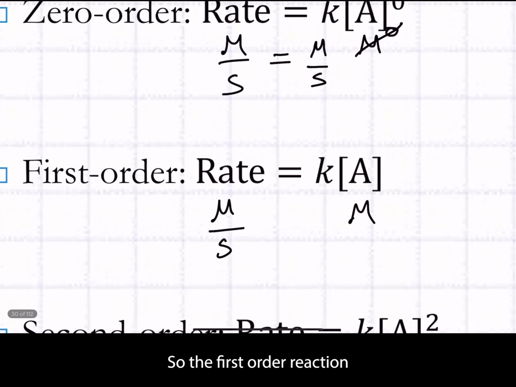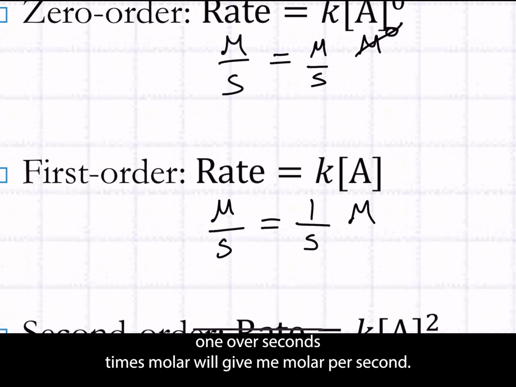For the first order reaction, now I've got molar on the right side. What unit of k do I need to make it molar per second? Right here I'm missing something, and it's the 1 over seconds. So now 1 over seconds times molar will give me molar per second.